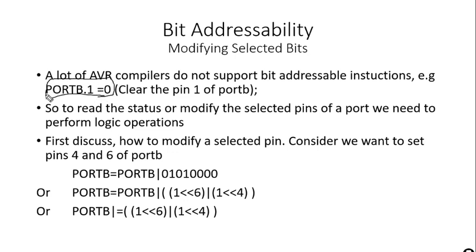You cannot access a single bit of a port. So how do we modify or read selected bits? We still need the control to read and modify selected bits. We accomplish it by use of logical operations.